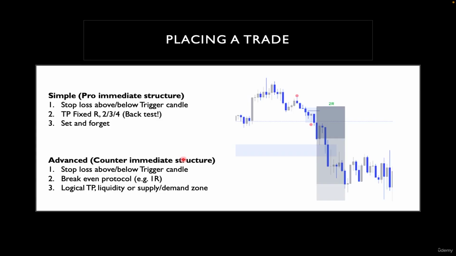I've mentioned this previously: strong and weak highs and lows, liquidity, advanced supply and demand, that sort of stuff. But that's when you can also start using logical take profits or even different break-even protocols. You could even use different break-even protocols with this version, to be honest.